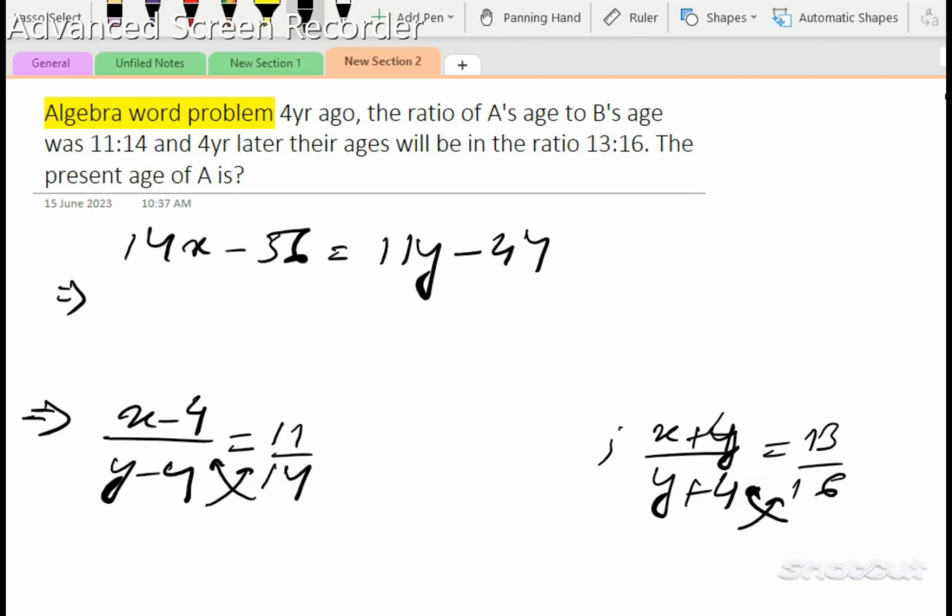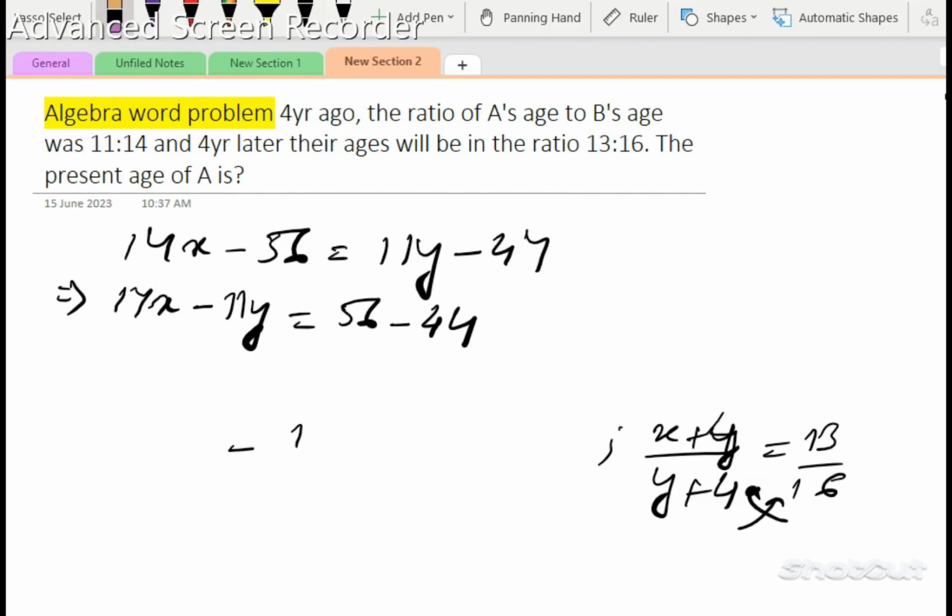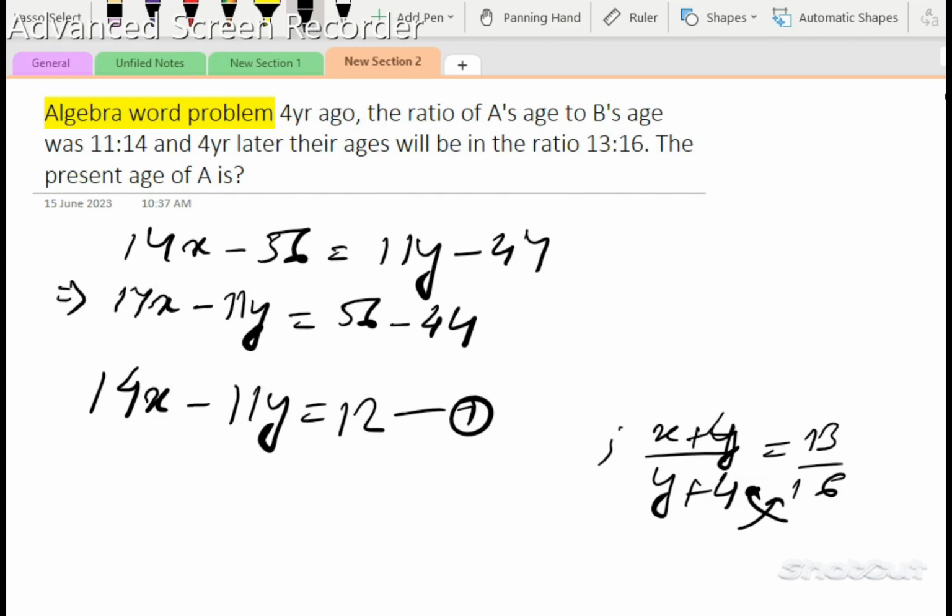Let's bring the variables to one side and constants to the other. So 14x minus 11y equals 56 comes to the right-hand side. The sign changes from negative to positive, minus 44. So the first equation that we've got here is 14x minus 11y equals 12. This is the first equation.